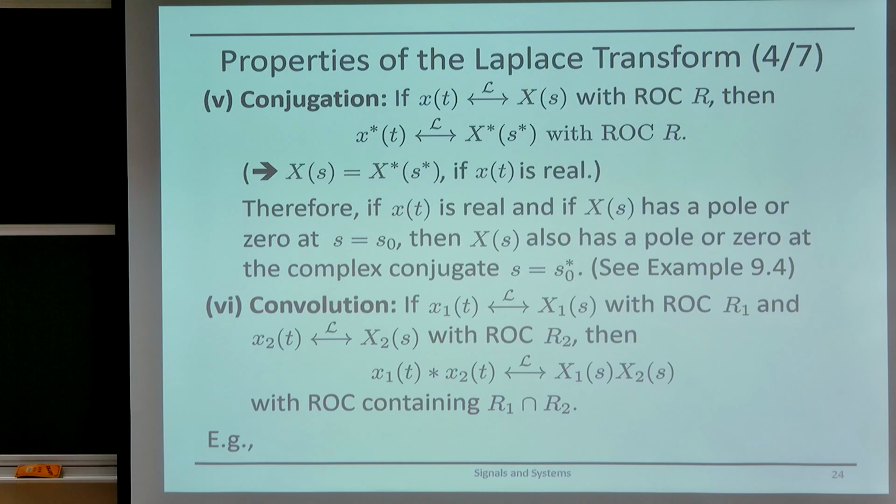This is quite straightforward to show. If you're looking at the Laplace transform of x star of t, this is the integral of x star of t times e to the minus st dt. Now suppose you bring out the complex conjugate, so that you have the integral of x of t e to the minus s complex conjugate t, and a complex conjugate outside.